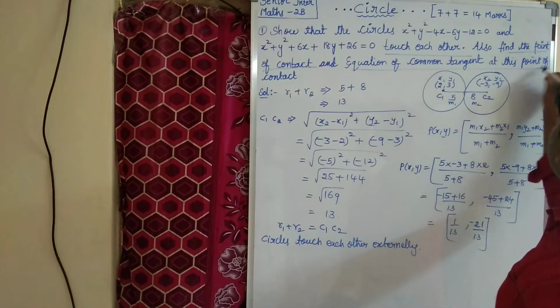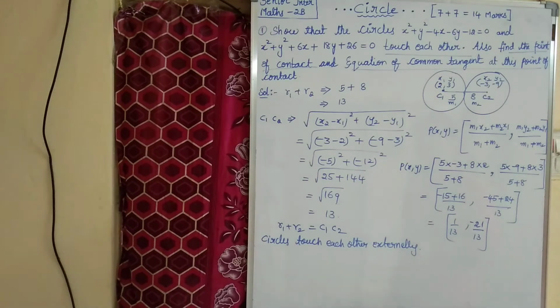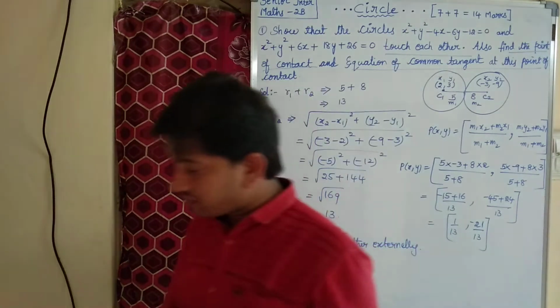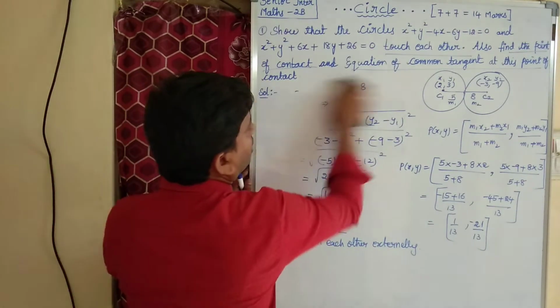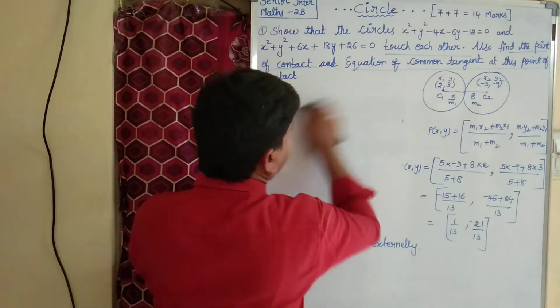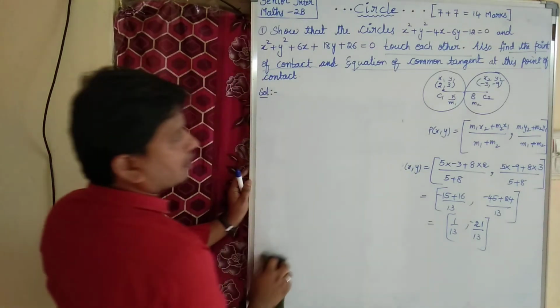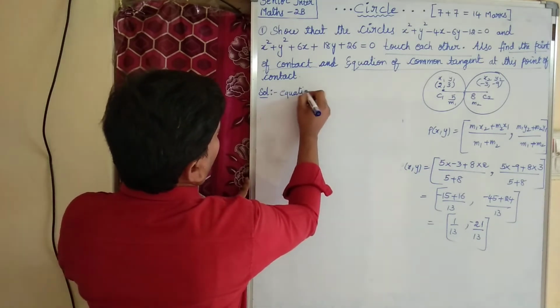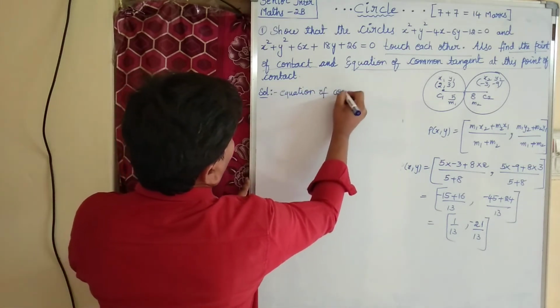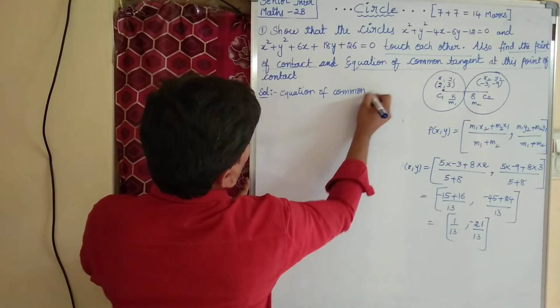And coming to the third question, the equation of common tangent at that point of contact. What is the equation of common tangent? Let us find the third point, equation of common tangent.